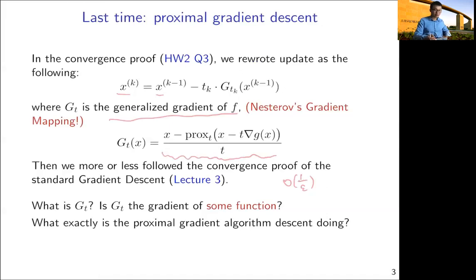So in the remainder of today's lecture, we're going to provide some more insight into this problem. In particular, you'll get to see that this generalized gradient is not something arbitrary. It's actually the gradient of some function, and that function is closely related to the original optimization problem that you're solving.